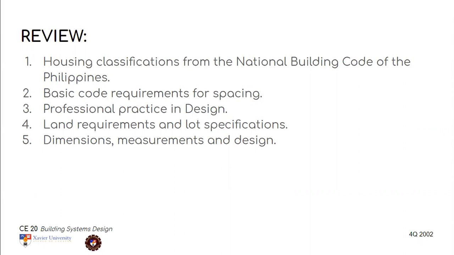Third, the professional practice in design for the civil engineering profession and the architecture profession. We also talked about land requirements and lot specifications. And last, dimensions, measurements, and design for your own proposed house.